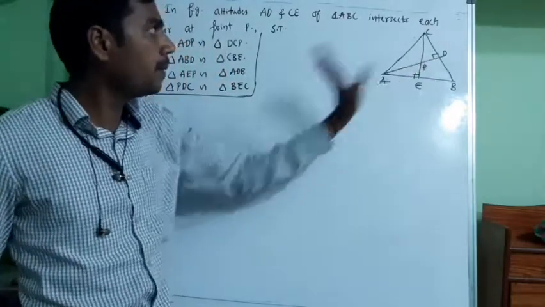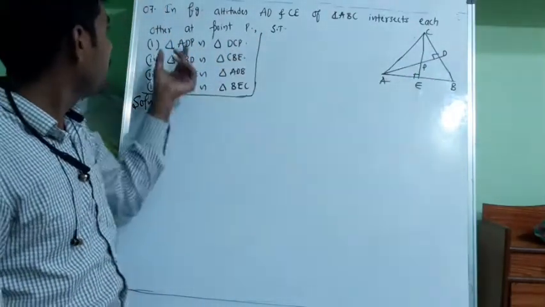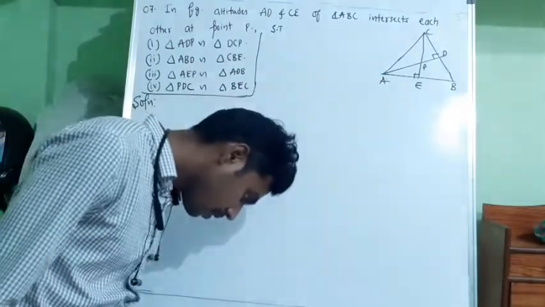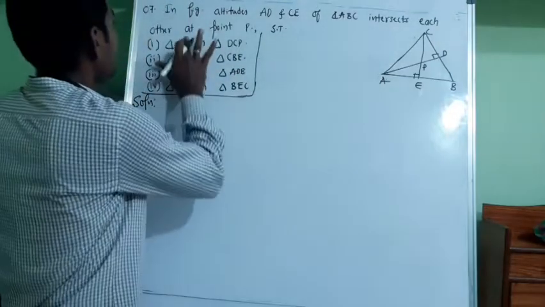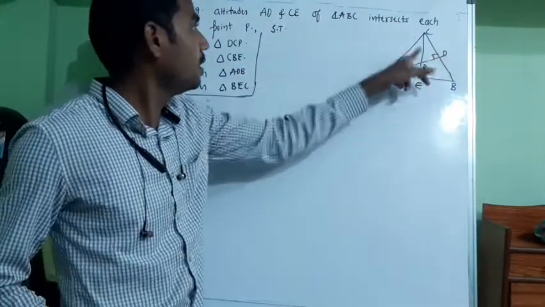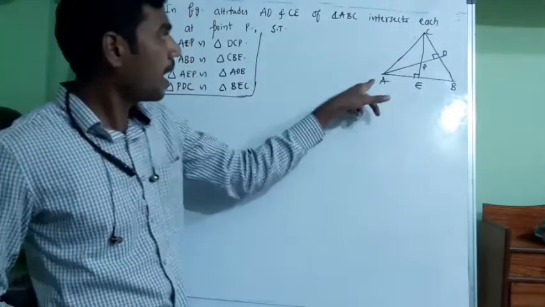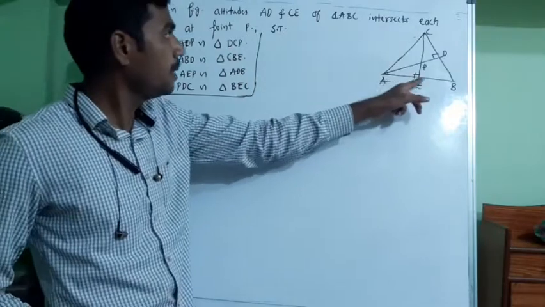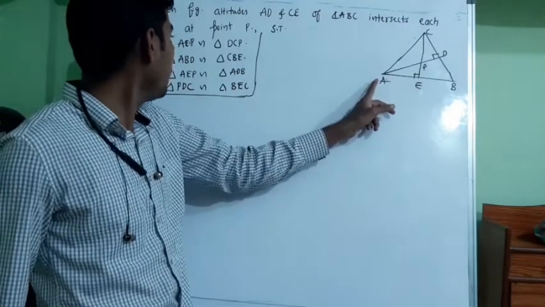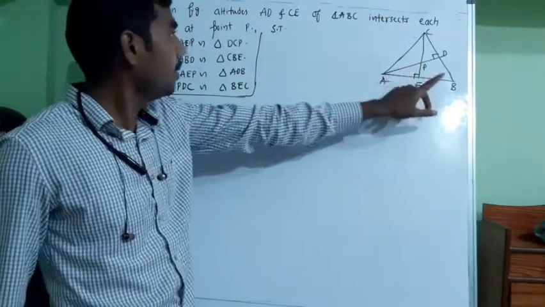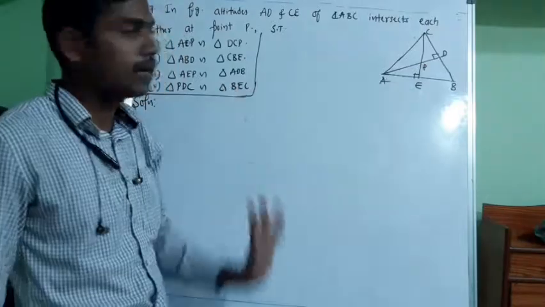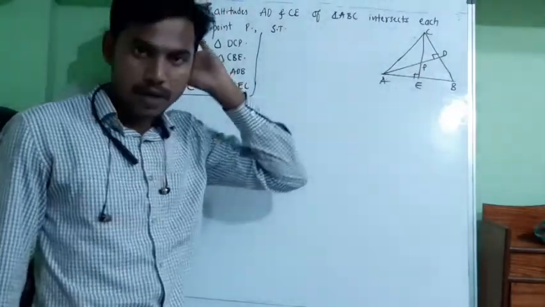They are going to intersect at point P. Show that triangle AEP is similar to triangle CDP, and triangle ABD is similar to triangle CBE, and triangle AEP is similar to triangle ADB, and triangle PDC is similar to triangle BEC. I need to show that.